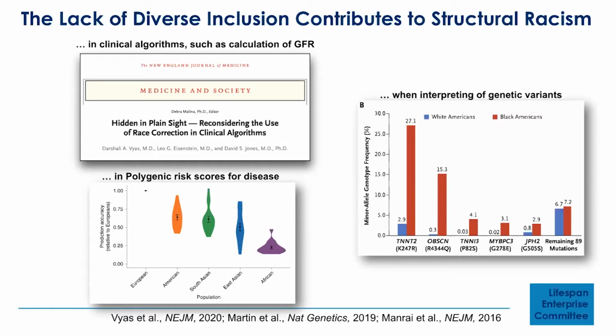And it impacts everyone because we don't interpret genetic variants correctly. We may say a genetic variant is pathogenic in someone because it was studied primarily in Europeans, but in fact 27% of African Americans or Black individuals may have that variant. So clearly that wouldn't be pathogenic. So people are getting ICDs and other therapies wrongly without having the diversity, and there are many other impacts as well.